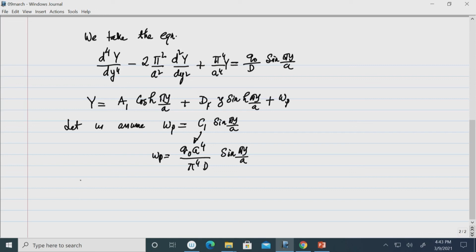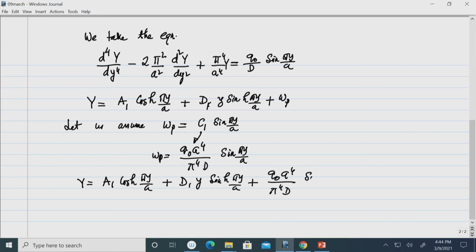So, the total solution we can now write as y is equal to a 1 cos hyperbolic pi y by a plus d 1 y sin hyperbolic pi y by a plus q naught a to the power 4 by pi to the power 4 d sin pi y by a.